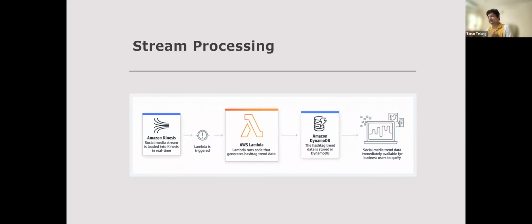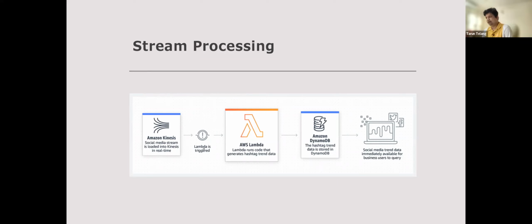The next use case is stream processing. Stream processing is something like if you have a social media stream, and this is coming through a service called Amazon Kinesis. So Amazon Kinesis is a stream processing service from Amazon, which can provide you streams of, say, for example, social media streams in real time.